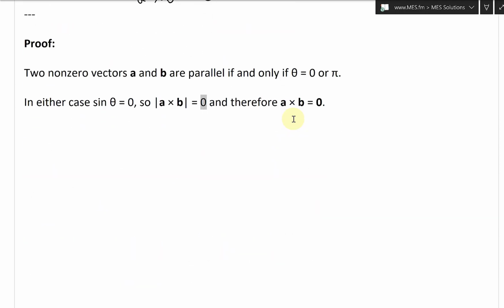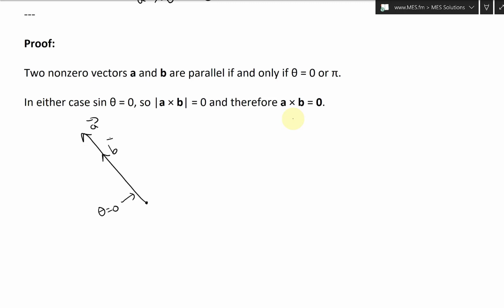So let's write this here. I'll first of all graph this out. If you have vector A like this, and then you have a vector B, and it's parallel, this theta, I'll put the theta like this, theta is equal to 0.